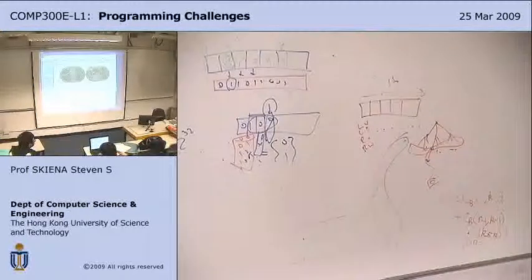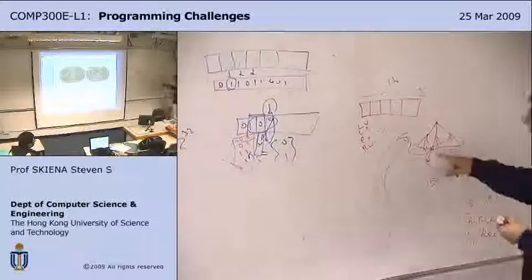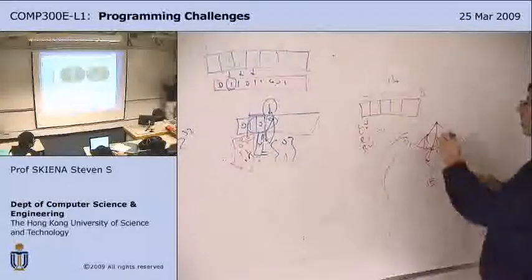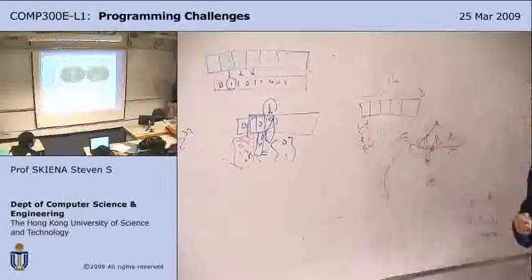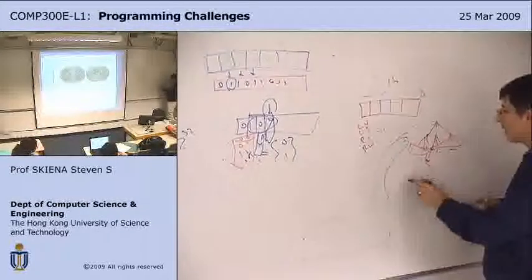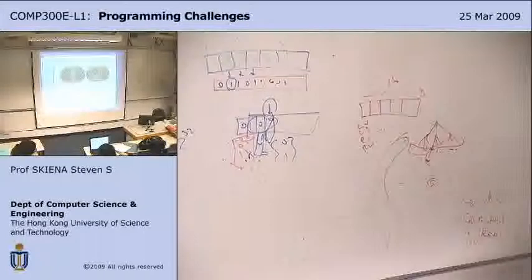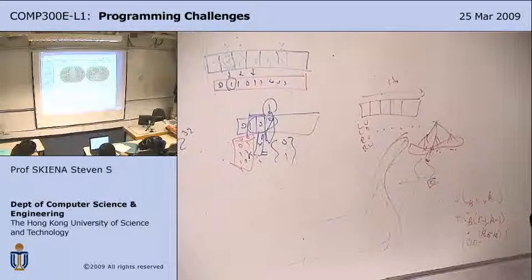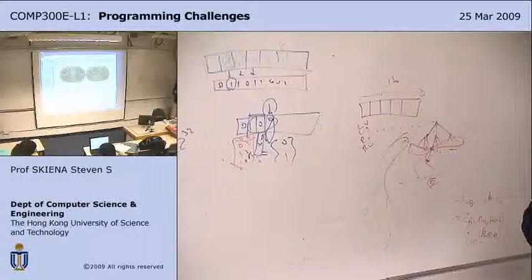It's best first where you're taking into account both the cost so far and the lower bound. And you're stopping when the lower bound on anything that hasn't yet been explored is worse than the best solution you've seen so far.